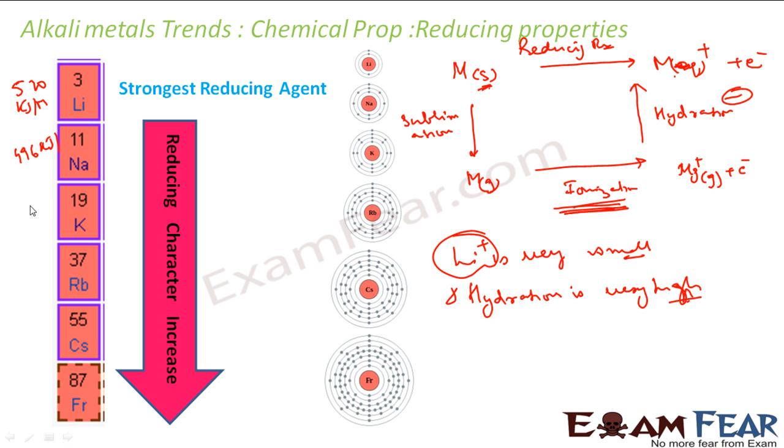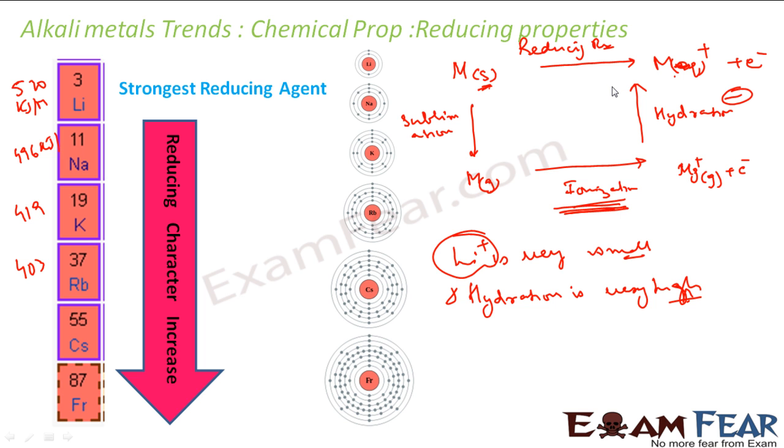This becomes 419, then it becomes 402. So this energy is pretty high for lithium, but it is compensated with hydration. This is negative actually, it releases a lot of energy when the lithium ion gets hydrated.